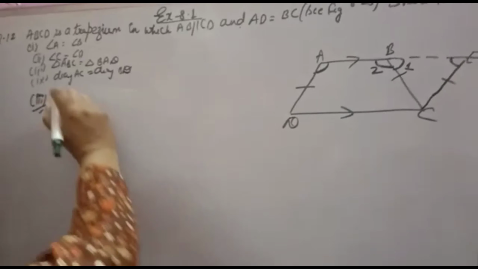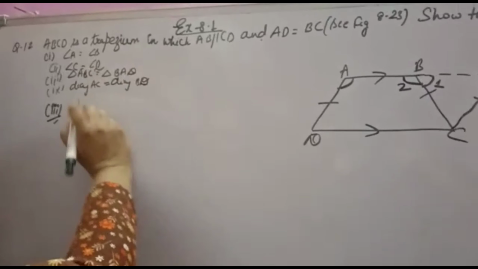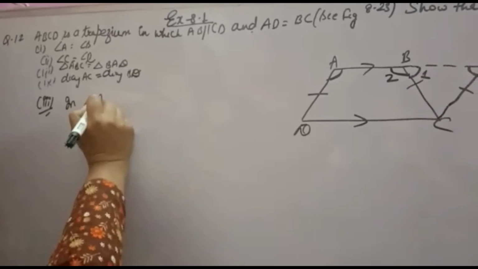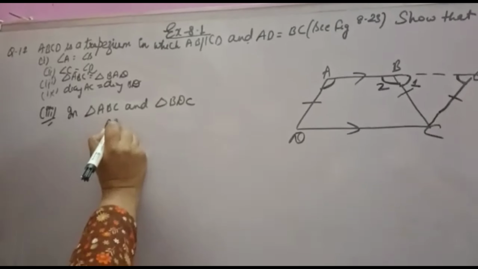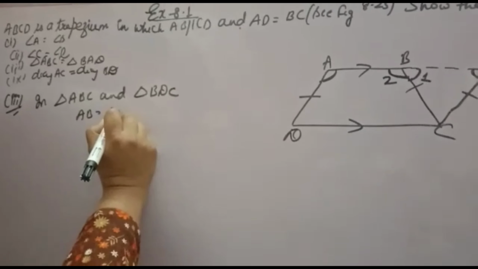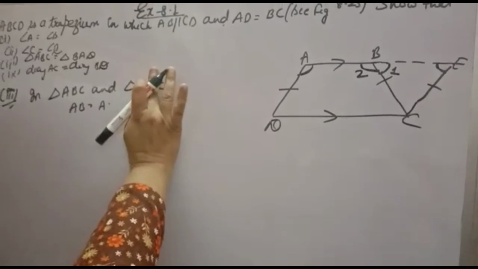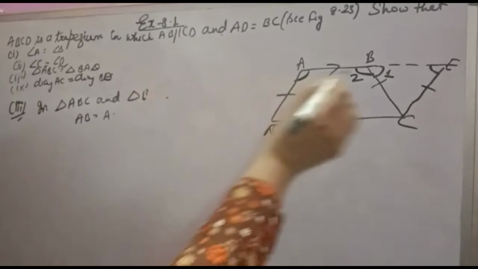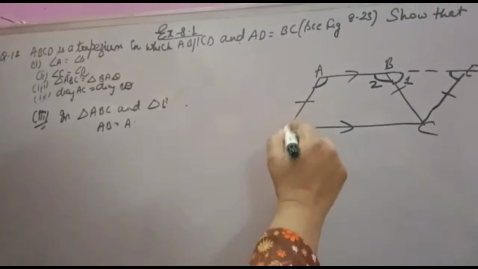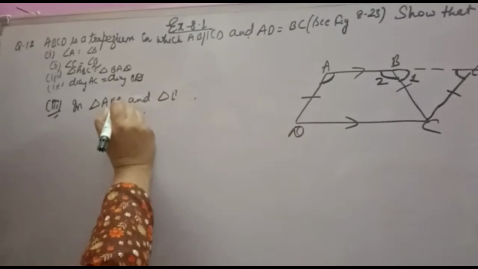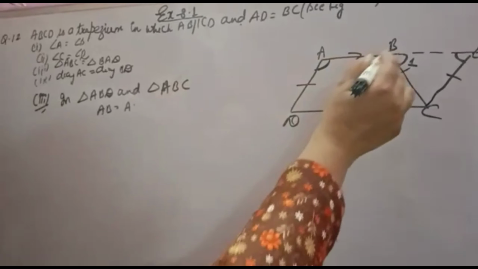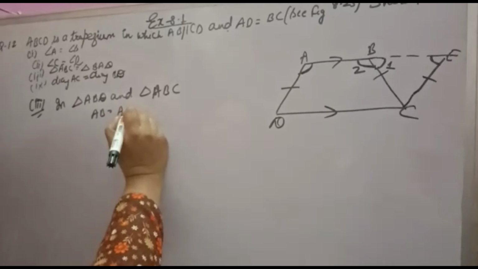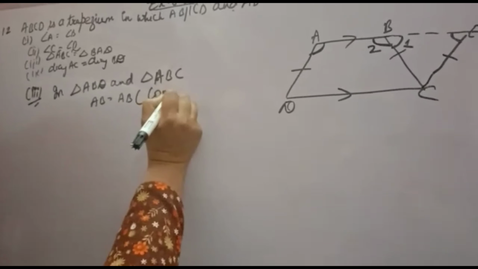Now in the third part you have to take triangle ABC and prove it congruent to triangle BAD. So you will take triangle ABC and triangle BAD. You have to prove three things equal. AB is equal to AB, common because it is in both.